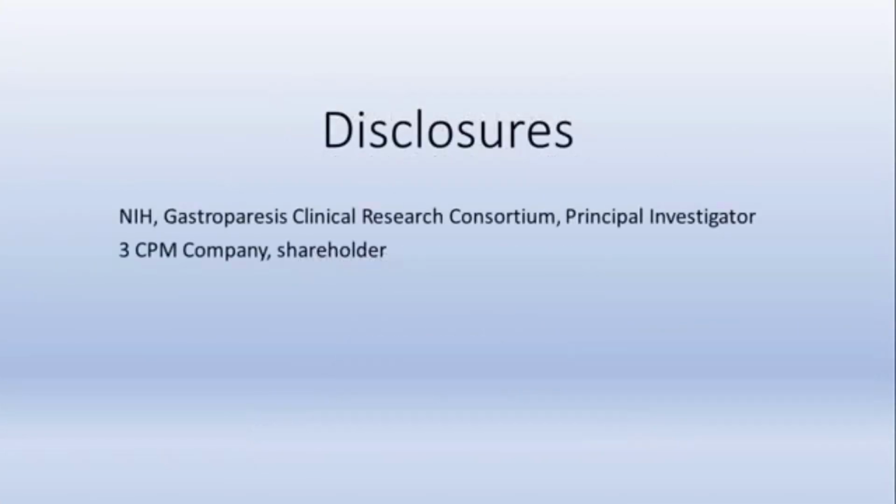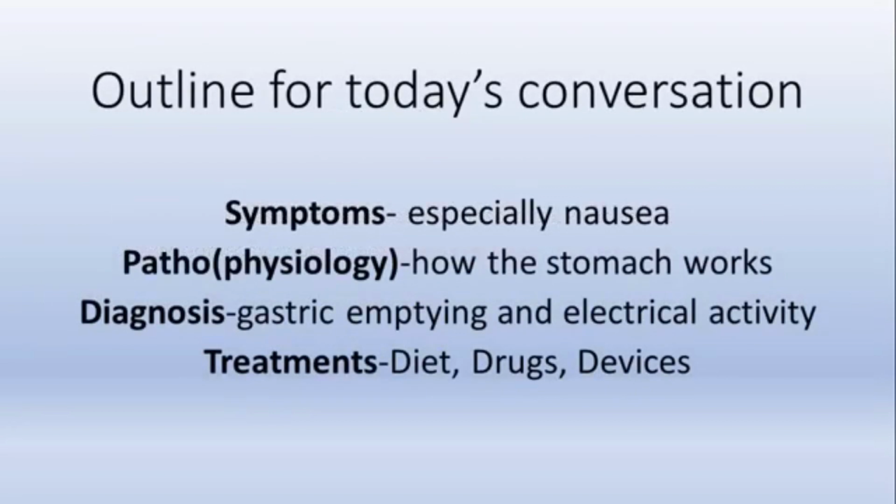First, we always have to talk about disclosures, so that's my disclosure slide. We're going to talk today about symptoms of gastroparesis, particularly nausea. It's been a special interest of mine. What causes nausea, pathophysiology of nausea, and pathophysiology of the stomach. I want to talk about how the stomach works as a muscle, and then what goes wrong in gastroparesis.